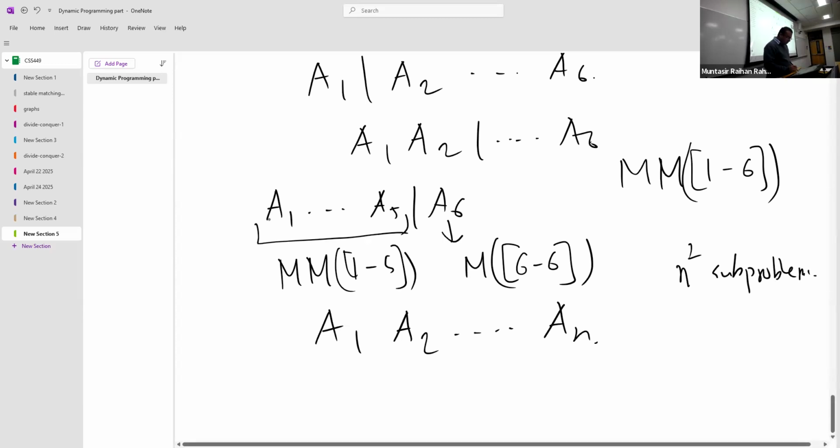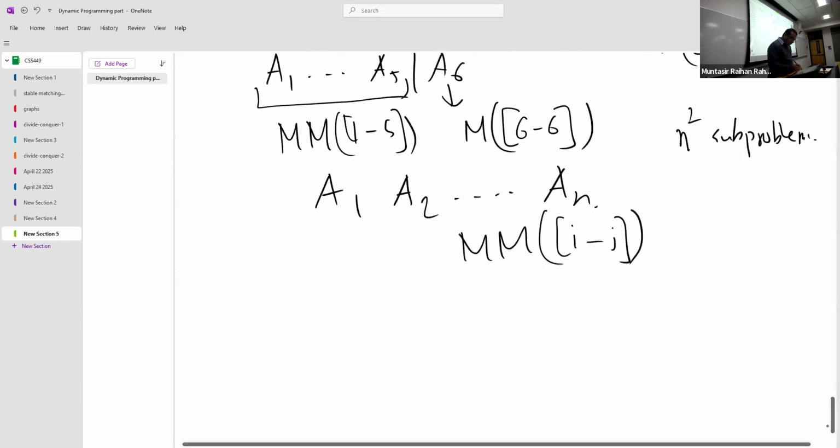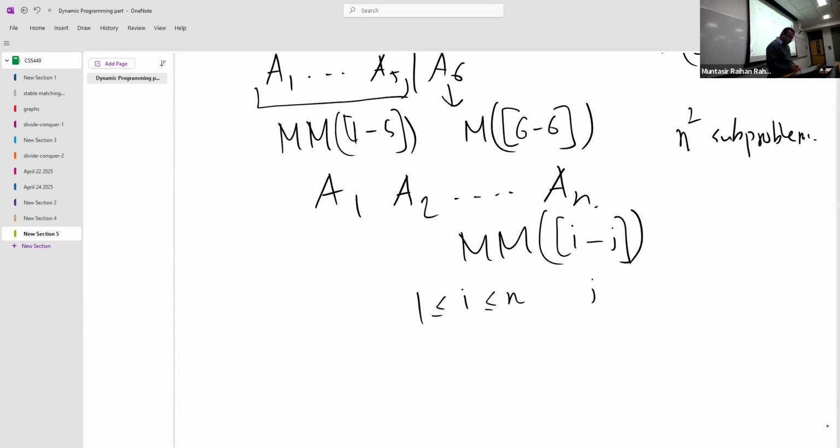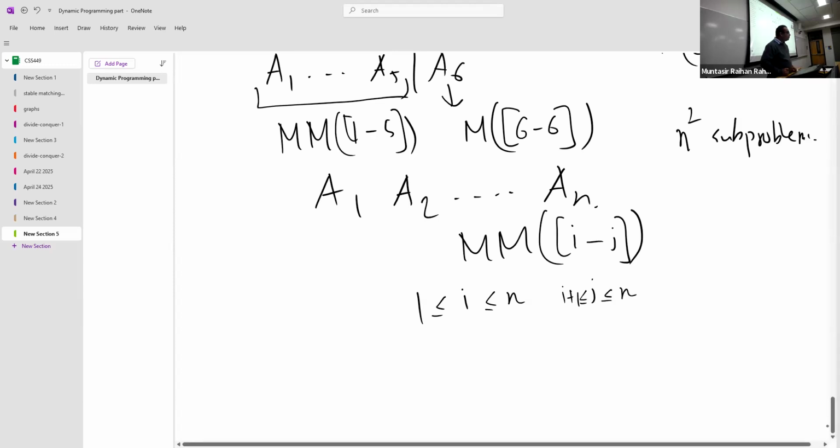A subproblem looks like MM from i to j, where i can range from 1 to n, and j has to range from i plus 1 to n, because j needs to be greater than i in this problem.